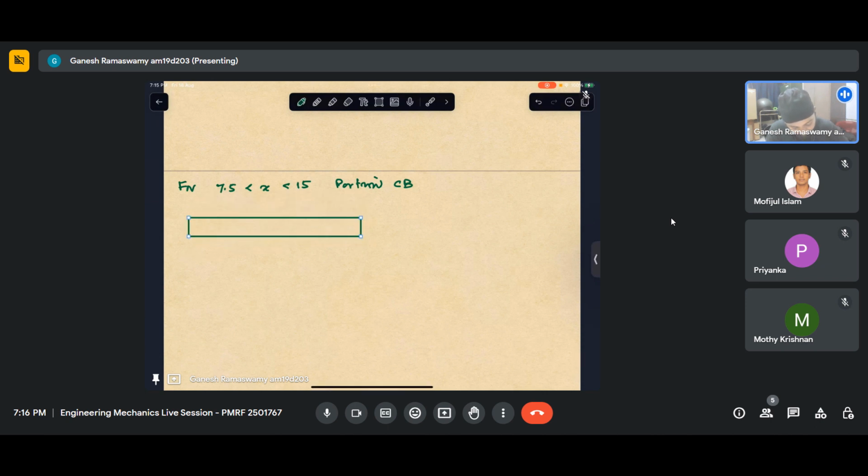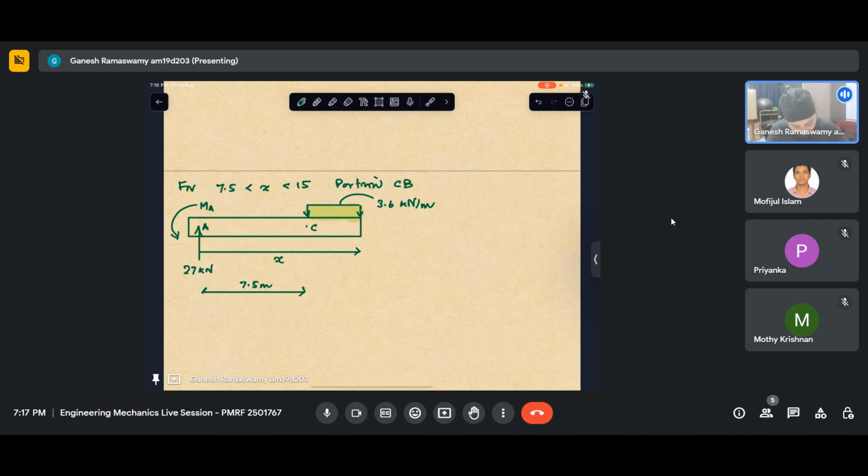I have 27 kilonewton, and I have this distance as x. Let us say this distance is 7.5. After this, I have the load that is applied here, and this load intensity is 3.6 kilonewton per meter. I have a Ma applied here, and this is point C, this is point A.